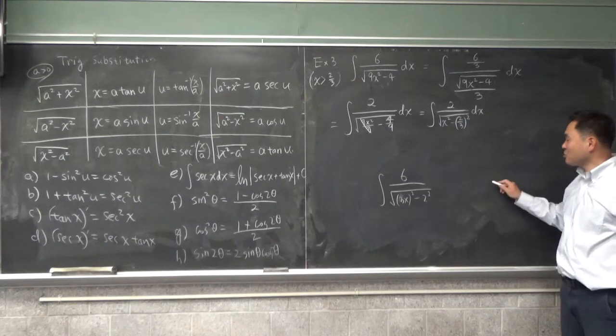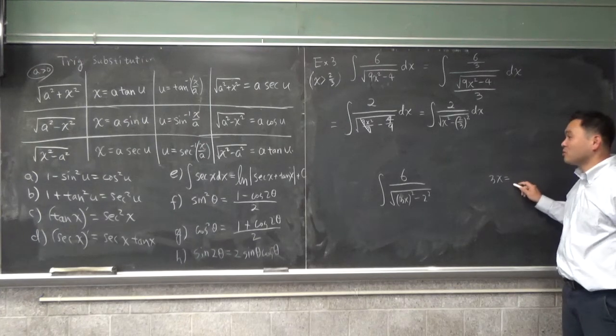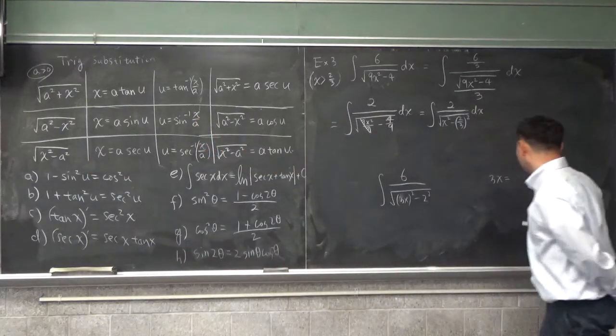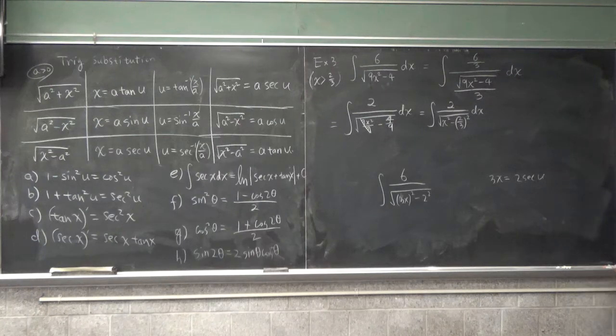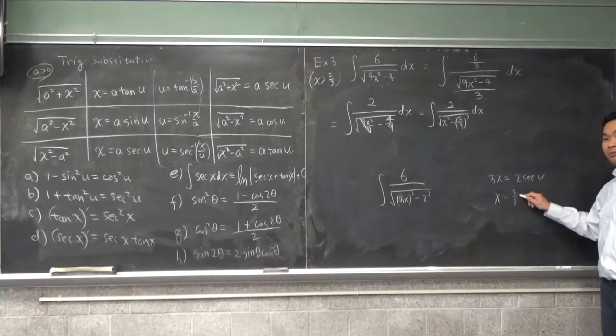You can do it this way and then say 3x is equal to, it's this one, right? You can write it as 2 secant of u. Well, actually, I like this better. Because then you end up saying x is 2/3 secant of u, right?